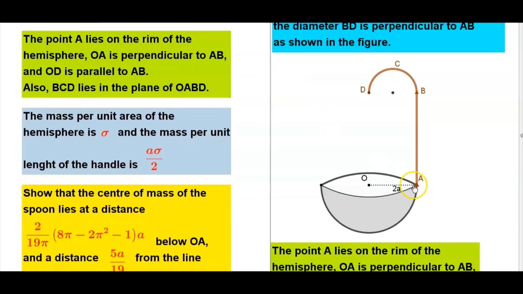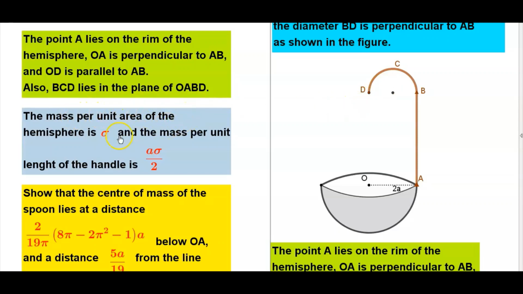The point A lies on the rim of the hemisphere. OA is perpendicular to AB and OD is parallel to AB. Also, BCD lies in the plane of OABD.